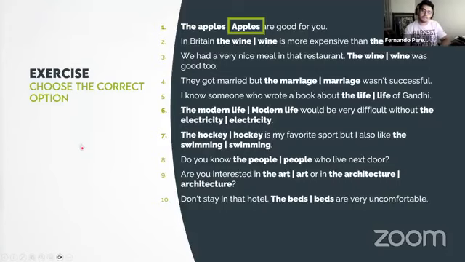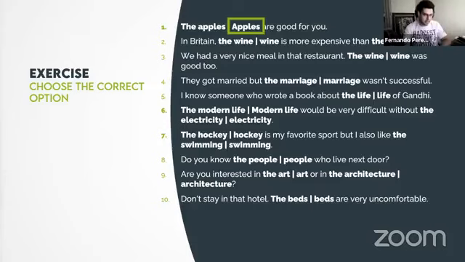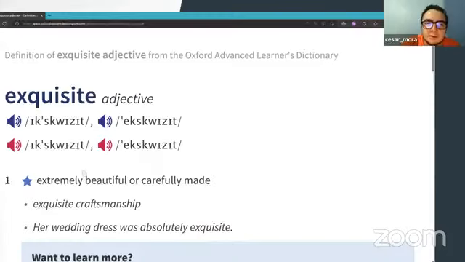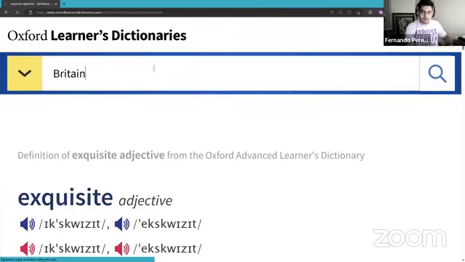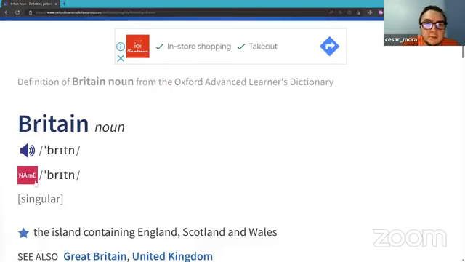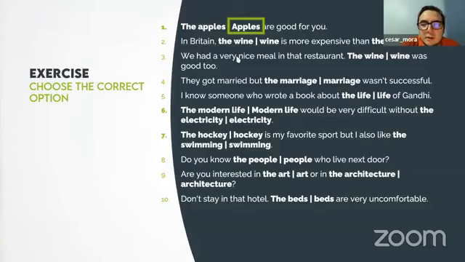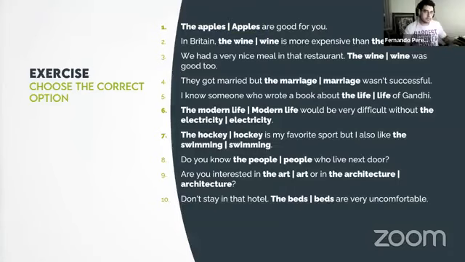Caesar. In Britain. Okay, pronunciation. Britain. Okay, check it out. Britain. That's correct. Okay, in Britain, the wine is more expensive than beer.